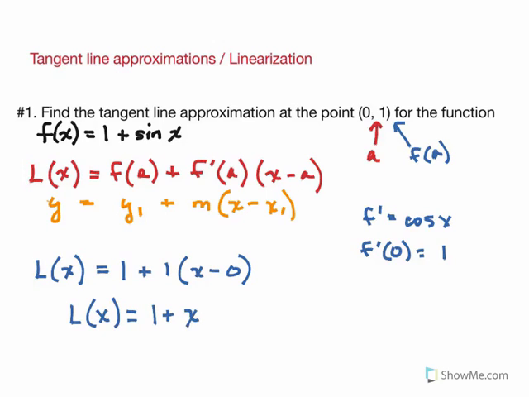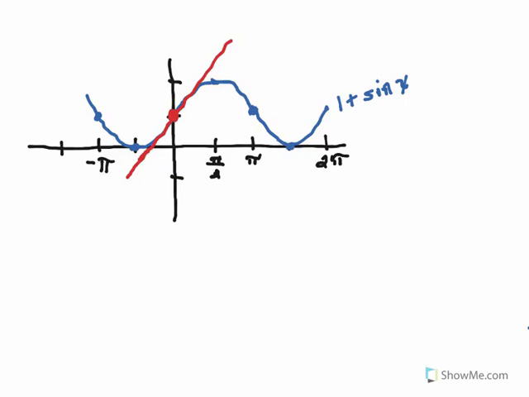Now think about what that means and the whole idea behind linearization. Let's take a look at the graph of 1 plus sine of x you see here in blue, and I've gone ahead and already drawn in that tangent line we've gotten, 1 plus x. If you think of just how you graph a linear equation, I did my best.